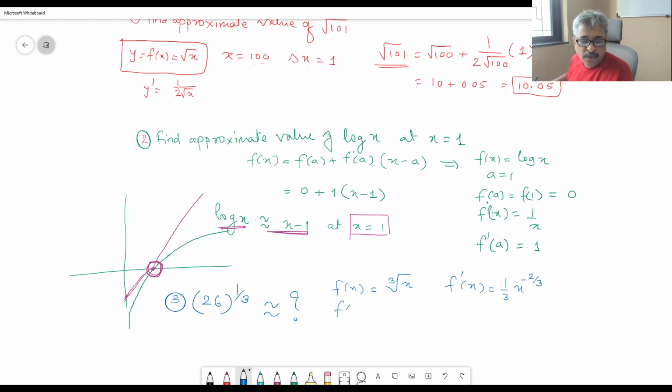Okay, so f of x, x is equal to 27 and delta x is actually equal to minus 1. So f of 27 is equal to 3. f dash of 27 is equal to 1 upon 3 into 9, 1 upon 27.